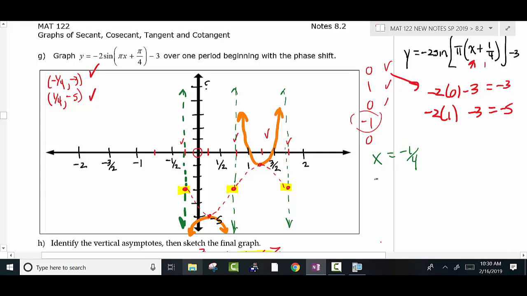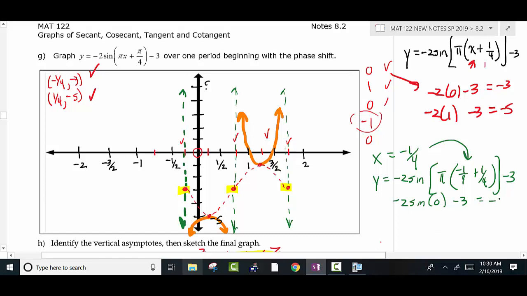Let's just check the sine. So let's do y equals negative 2 sine, our factored form is pi times x plus 1/4, minus 3. Just plug this in. See, this first point's easy to check. So you'd have negative 2 sine of 0 minus 3. Work out the details on that, you get negative 3. Okay, I would move on to the next point.